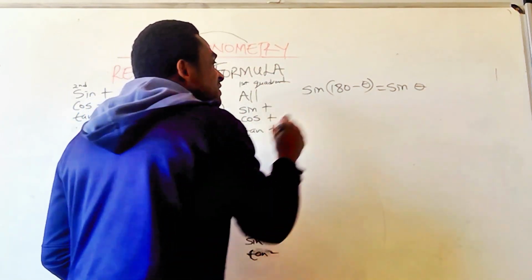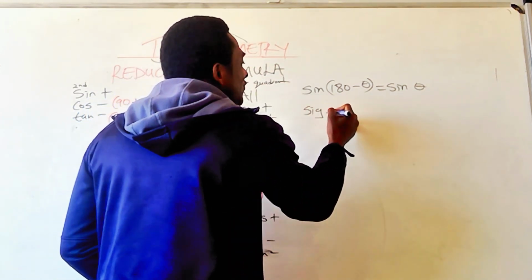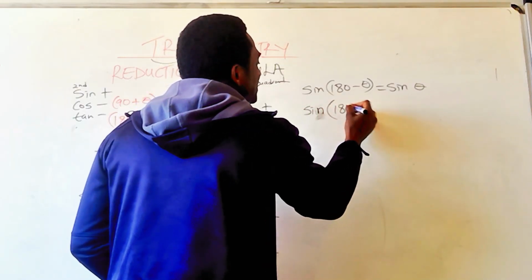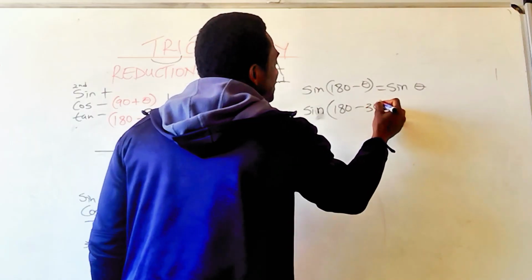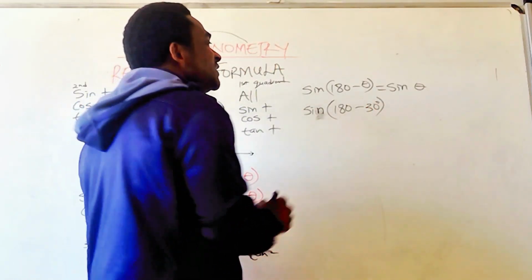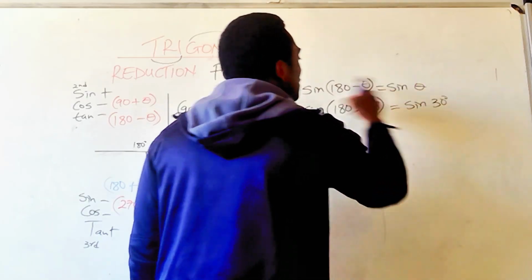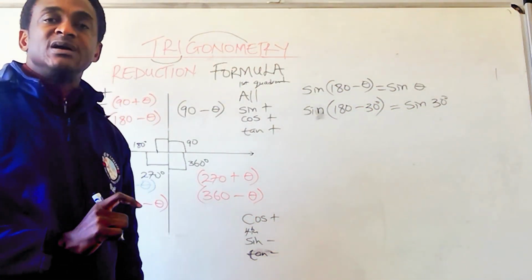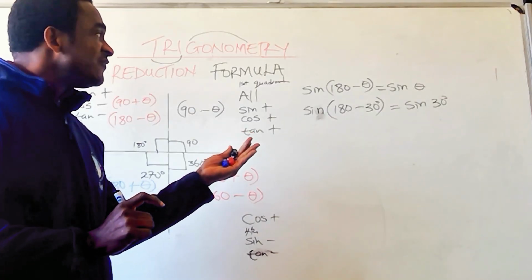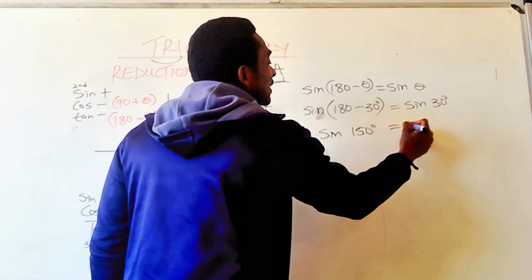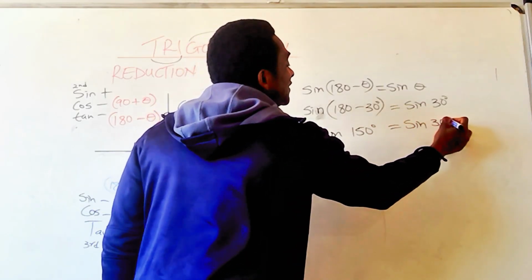If we want to check this to be sure, if we have sine of 180 minus 30 degrees, this is sine of 30 degrees by the given formula. We can verify if this is true. This is sine of 150 degrees, and it is equivalent to sine of 30 degrees.